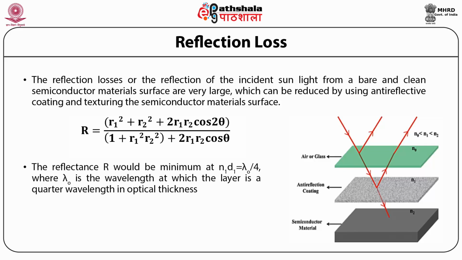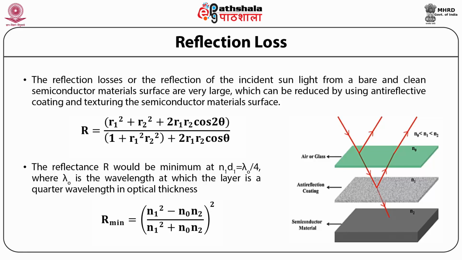The reflectance R would be minimum at n1 d1 equal to lambda naught by 4, where lambda naught is the wavelength at which the layer is a quarter wavelength in optical thickness. Hence, the minimum reflectance R minimum is given by n1 square minus n0 n2 divided by n1 square plus n0 n2, this whole square.